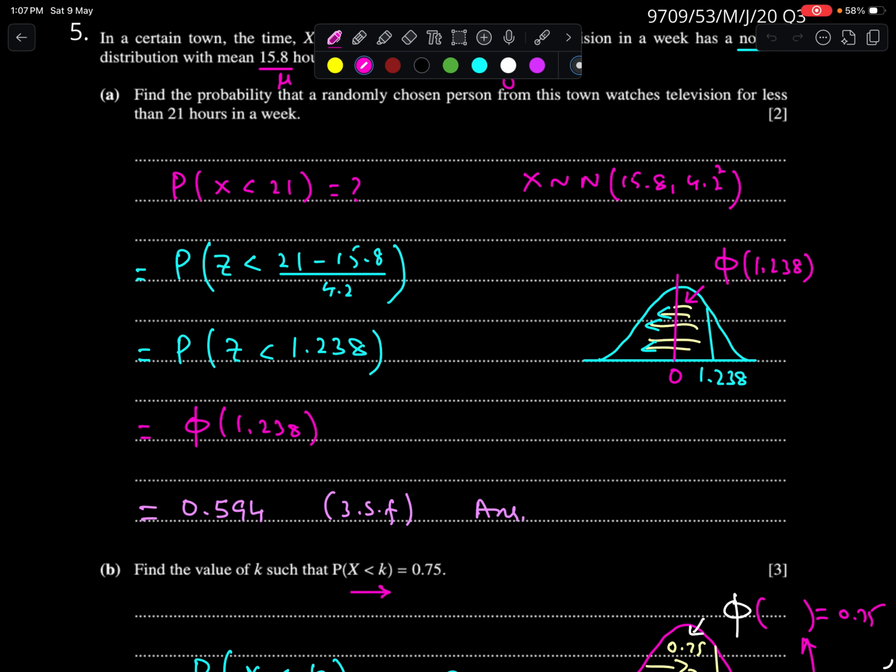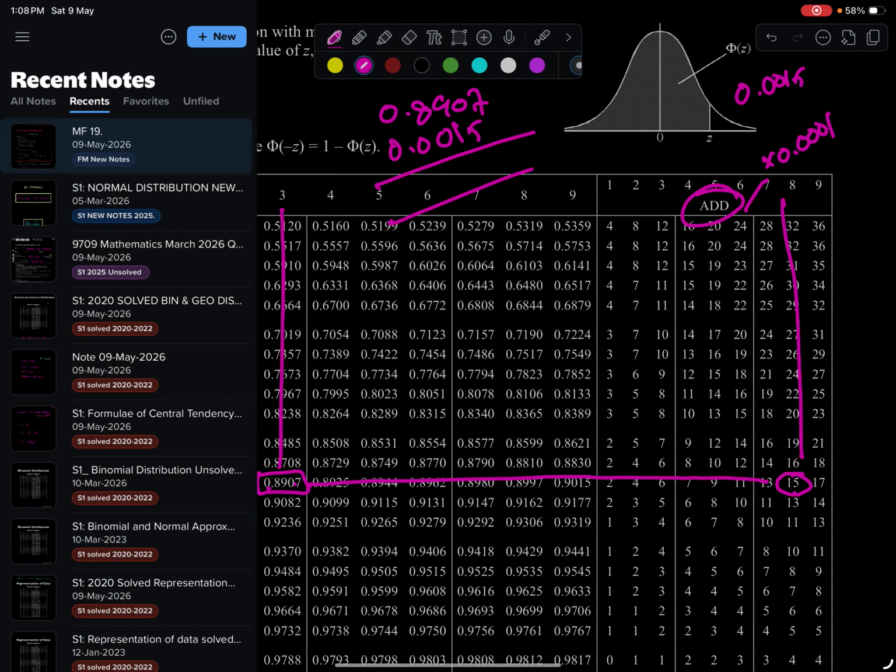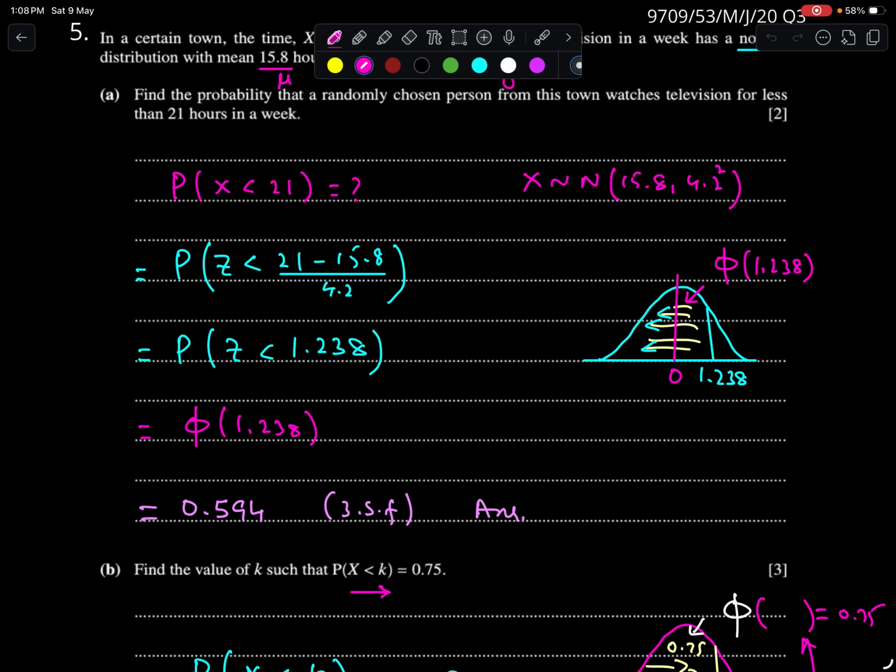It was 1.238. I think that number is wrong, which I wrote. Let me check the correct answer. 0.8907 plus 0.0015. It's 0.8922. Let me correct this. 3SF. Alright.